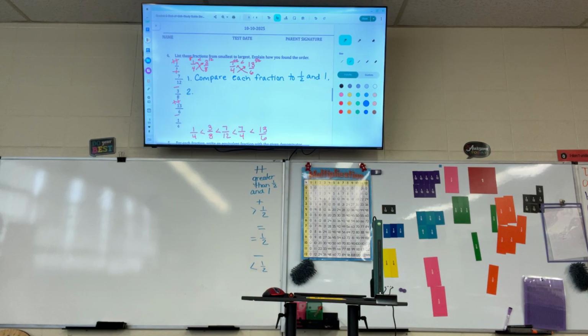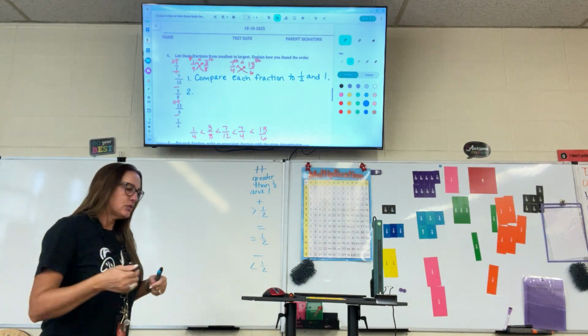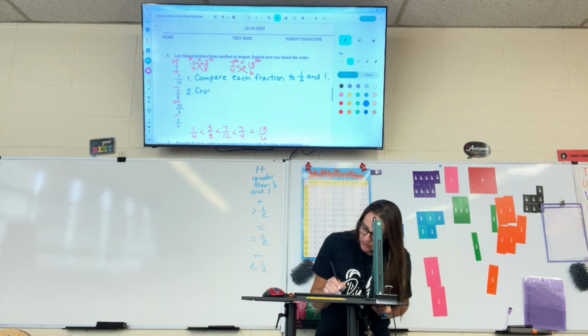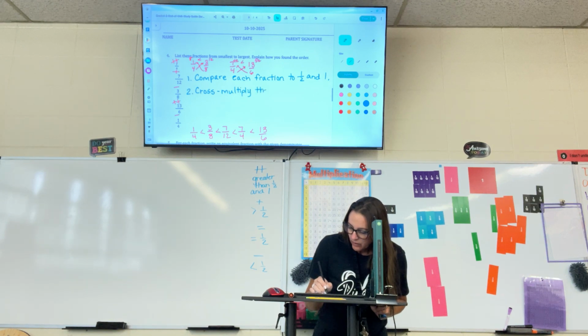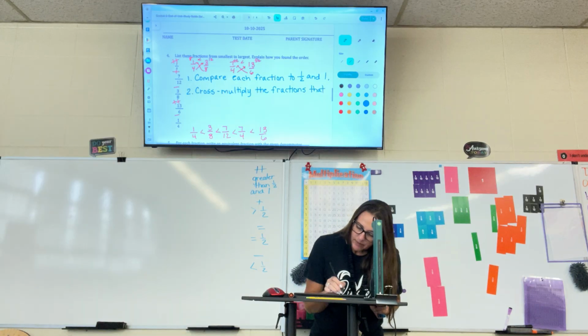Kennedy? We cross multiplied the ones that were in the same category. Yeah. So step 2, cross multiply the fractions that are in the same category.